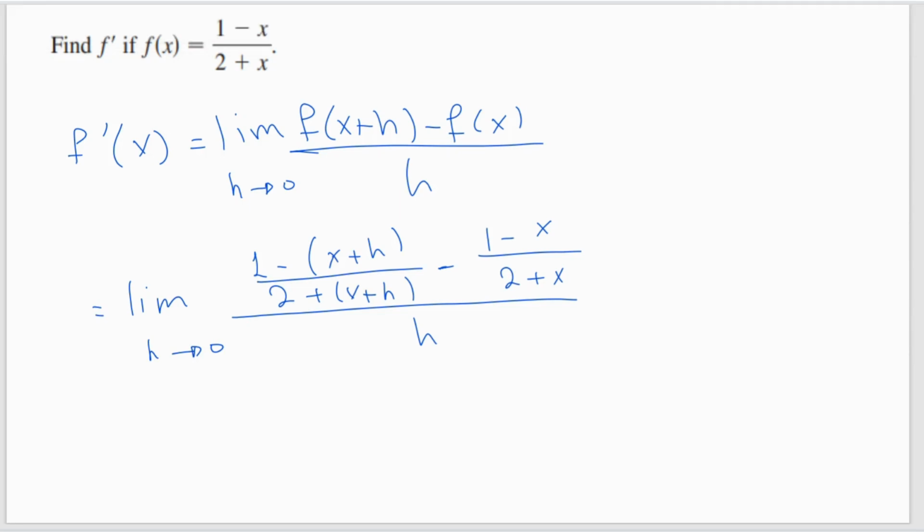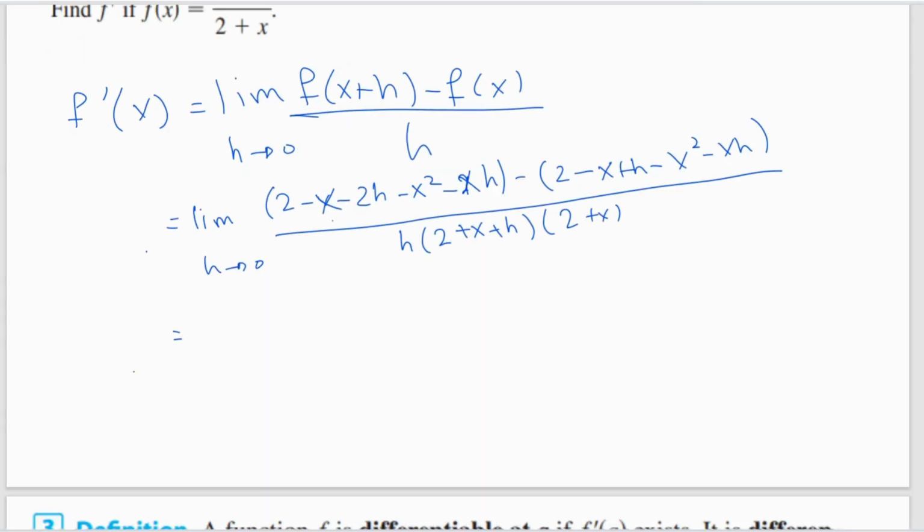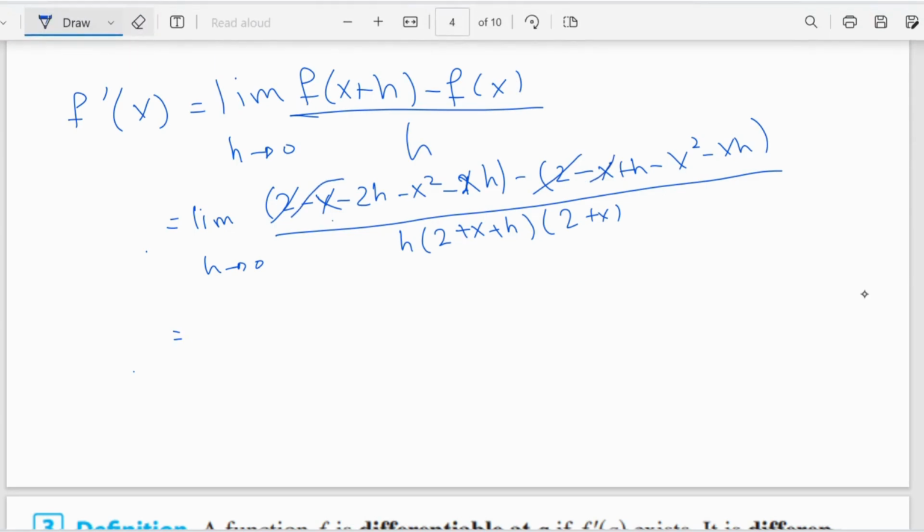Okay, now we will put these two together and unite the denominators. Now let's simplify. We are gonna delete this 2 with this 2, and the minus x with the minus x here. Let me change the color.